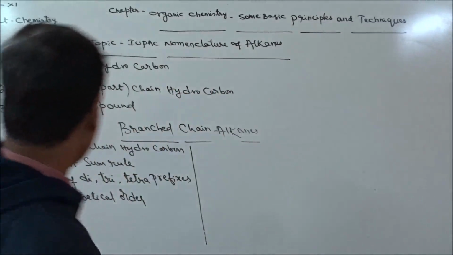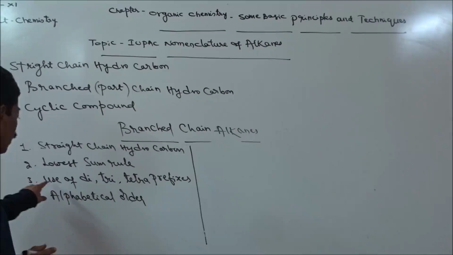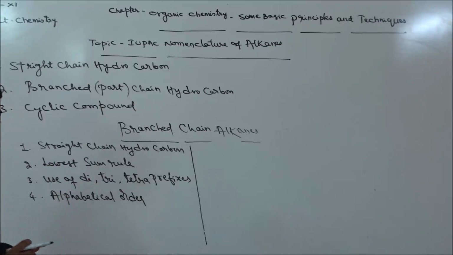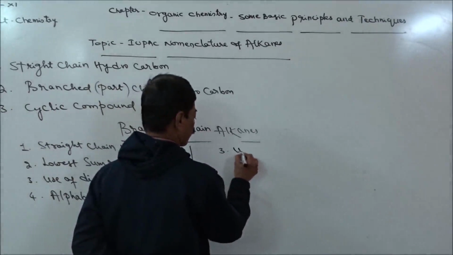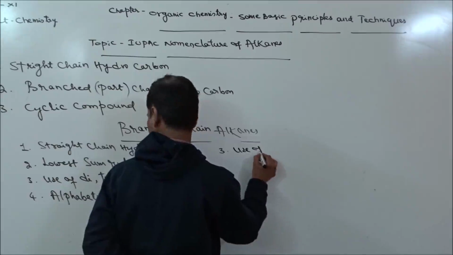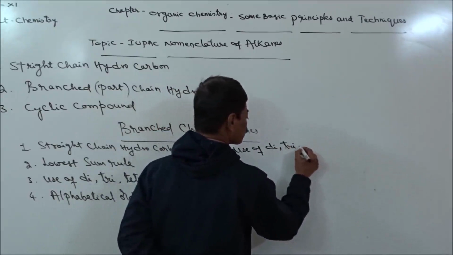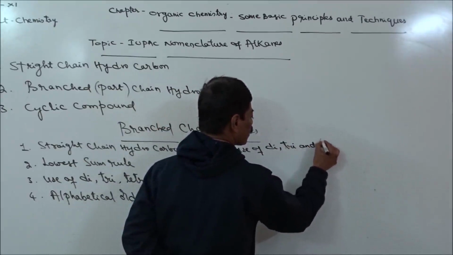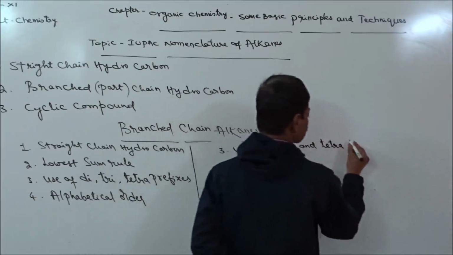Now we are moving to the third part of nomenclature of branched chain alkanes, that is, use of di, tri and tetra prefixes.